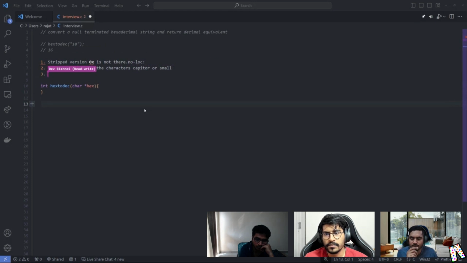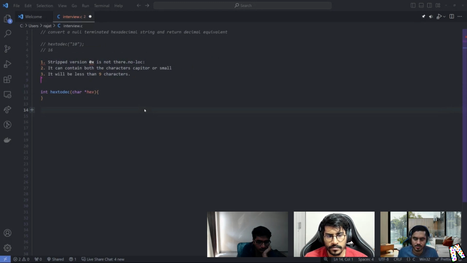And then the third thing is, the data can be accommodated in 32 bit, right? So it will be less than 9 characters, right? I'm not including the null character here.